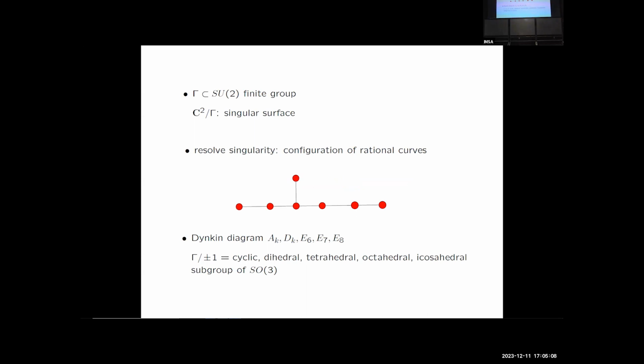Then we know that we can resolve that, and what we get is a configuration of exceptional rational curves, which intersect according to Dynkin diagrams of type A, D, E. These diagrams correspond to the different types of finite subgroup, where the quotient by the center gives us a subgroup of SO(3): cyclic, dihedral, tetrahedral, octahedral, icosahedral, corresponding to A, D, E6, E7, E8.